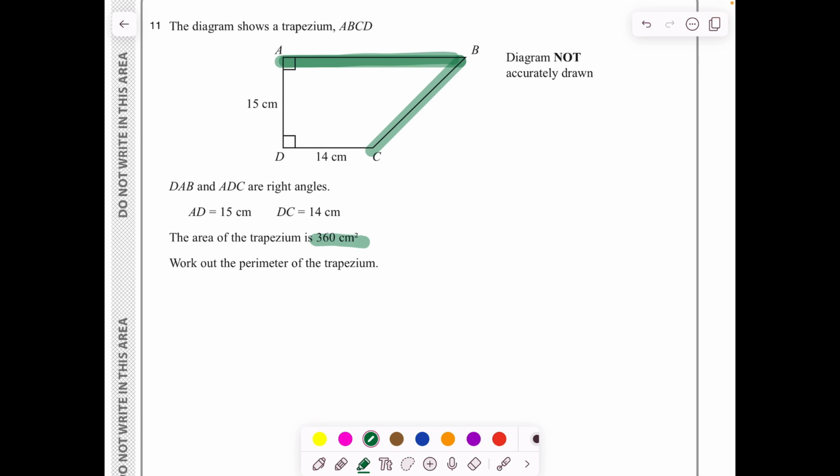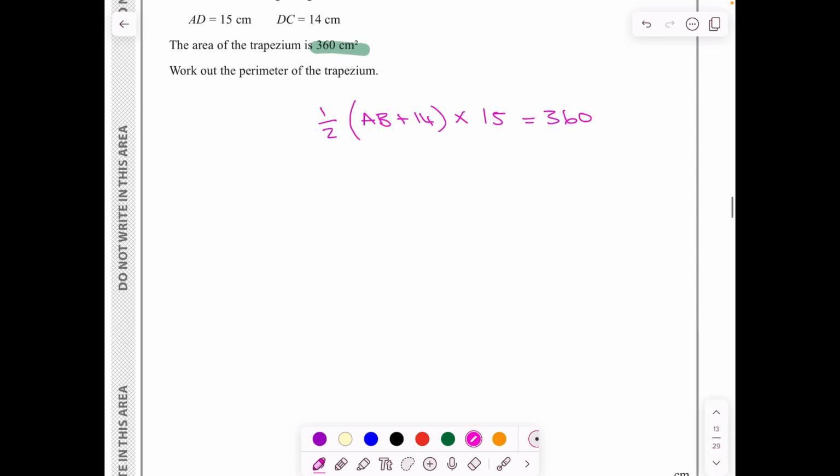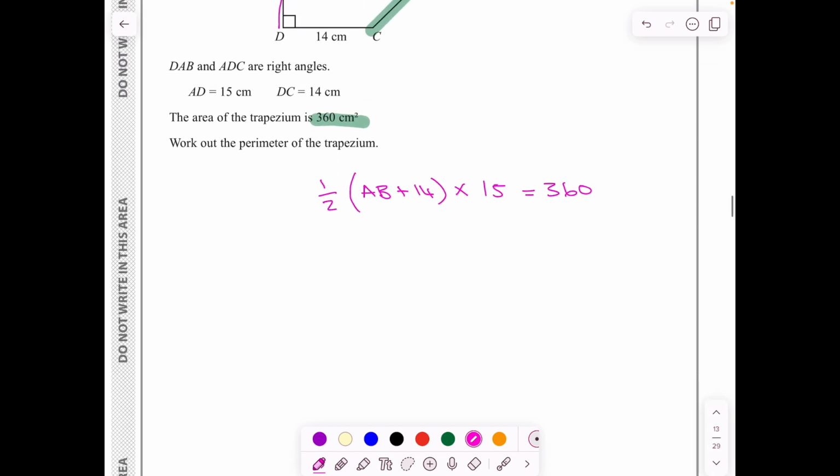Okay, so I know to find the area of a trapezium, I would normally do half of top plus bottom, so AB plus 14, and then I would multiply by the height, and in this case the height is 15. That gives us 360. So then I can undo all of this and work backwards.